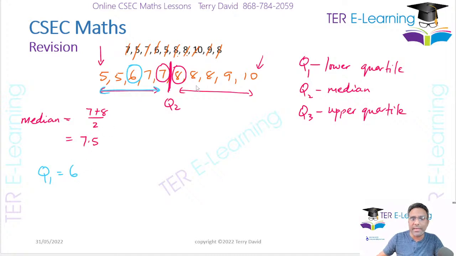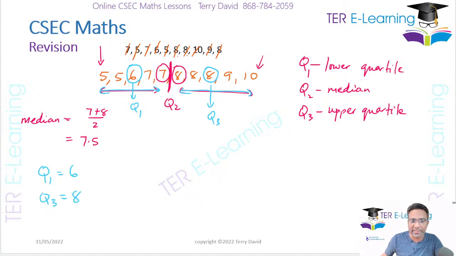On the upper half now, you have 5 numbers again. That's an odd number, so therefore there's an exact middle. So that 8 there actually represents my upper quartile. So this number here is your Q1, and this number here is your Q3. So therefore my Q3 is going to be equal to 8.